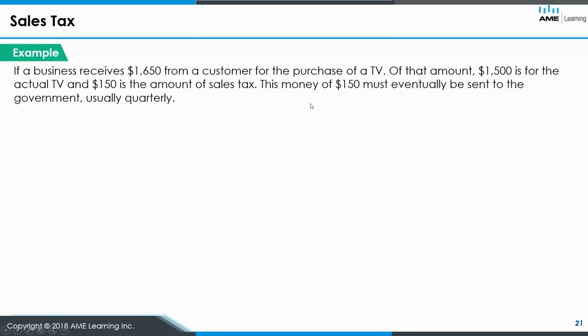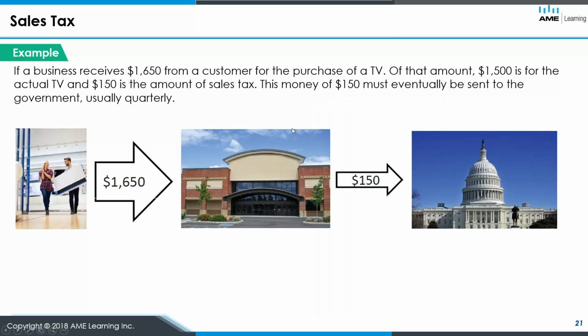You can be audited. If you don't do that process right as a business, there can be severe consequences. So definitely an important area to consider from a business perspective, because you don't want to get in trouble with the government.